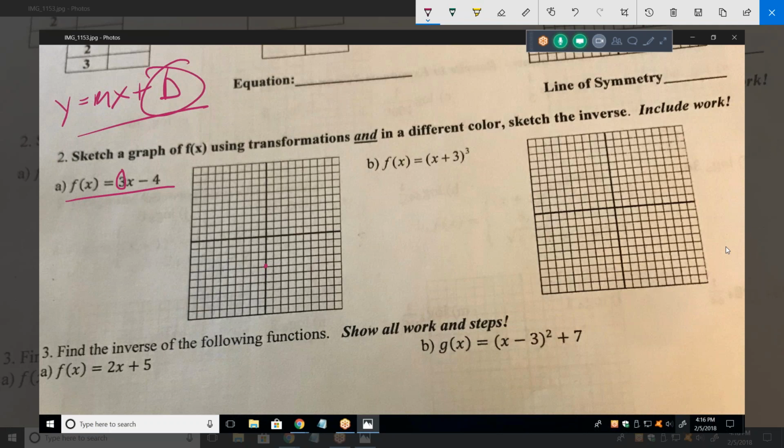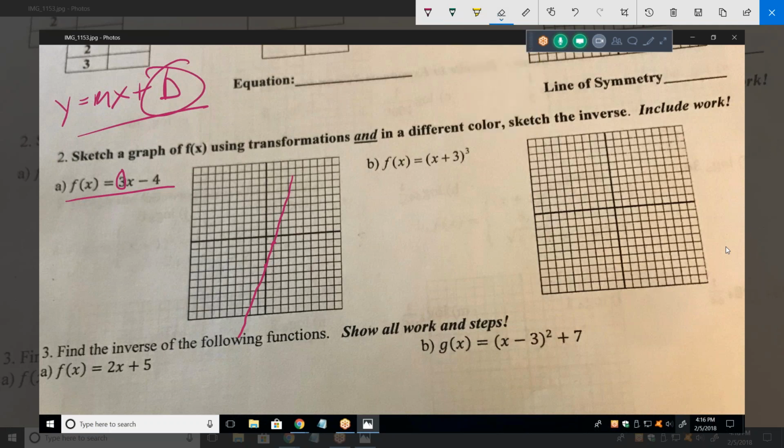What's 3 mean? Up 3 and over 1. Over which way? Right. That gives you a positive slope, which is what we have. Okay. So that's our first line.